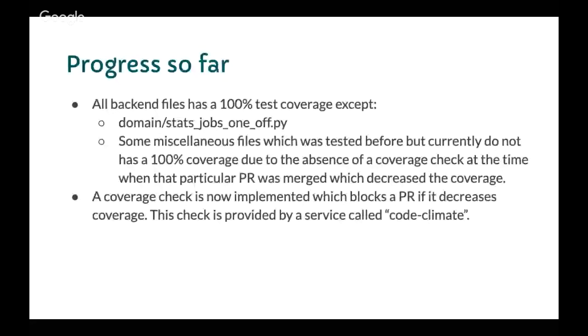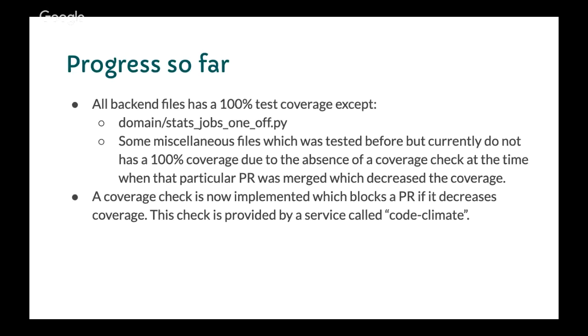So the progress so far. All the backend files have 100% test coverage except stats jobs one off. Well, at least all the tests for backend files have one open PR, and some miscellaneous files were tested before, but currently they don't have 100% coverage due to the absence of a coverage check at some point of time when a PR was merged, which decreased the coverage.